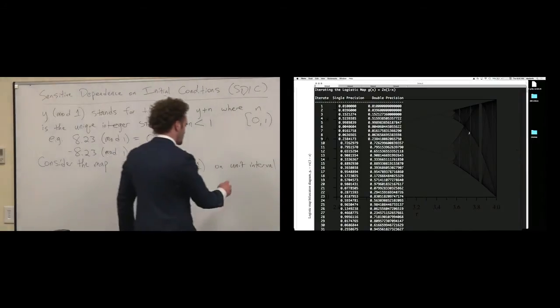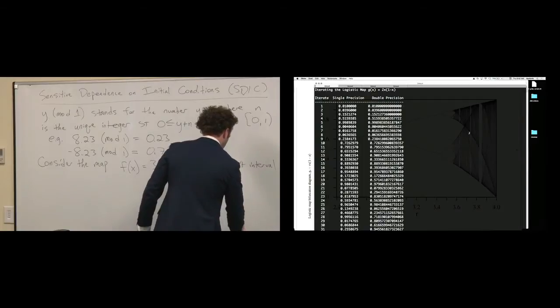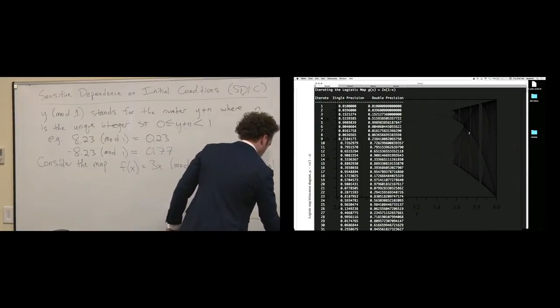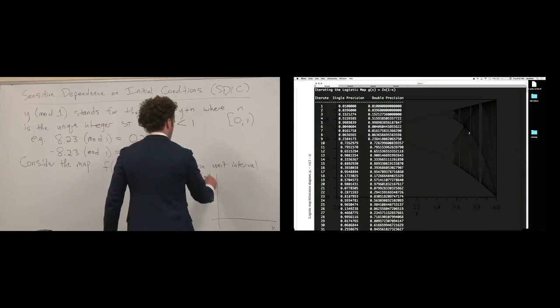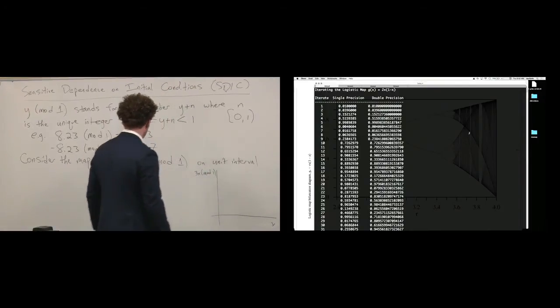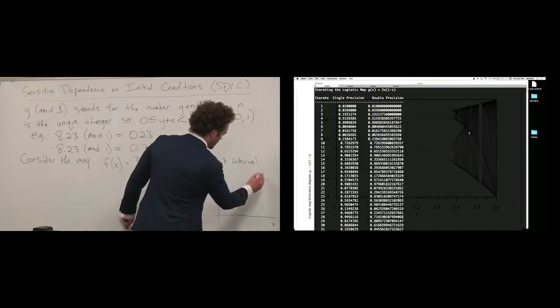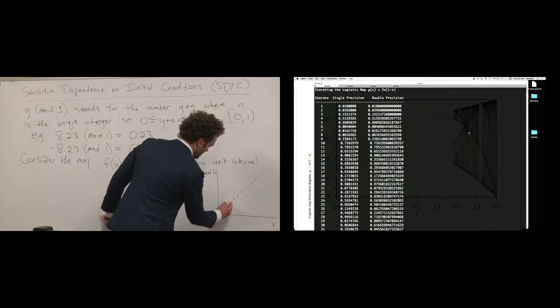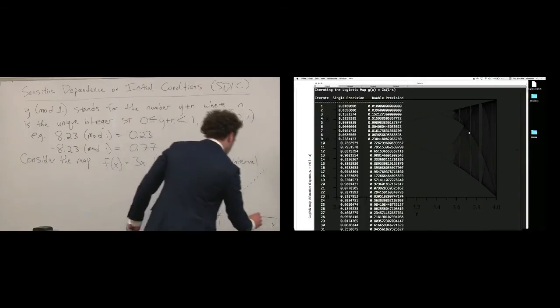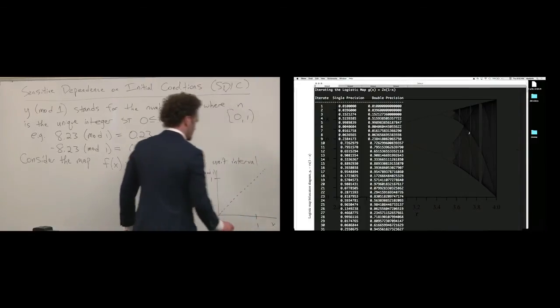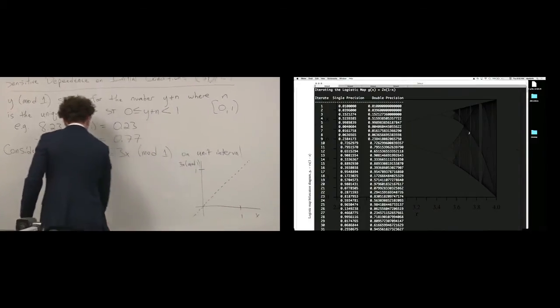Okay, so if I were going to draw a picture of this, here's x, here's 3x mod 1. Always when we do our pictures, we're going to draw the y equals x line, and I'll have 1 as my bounding box that I live in.